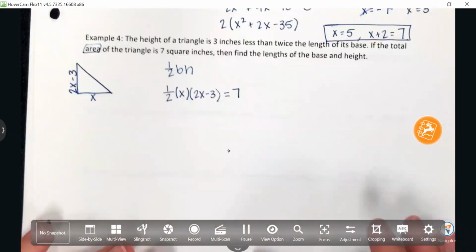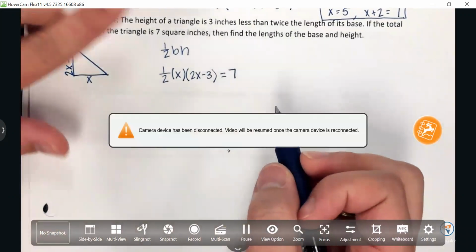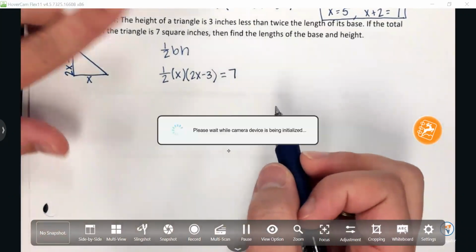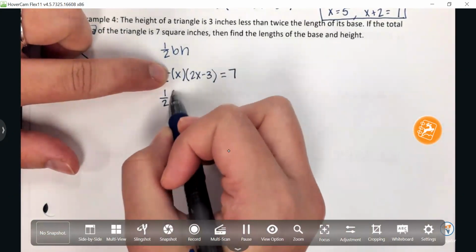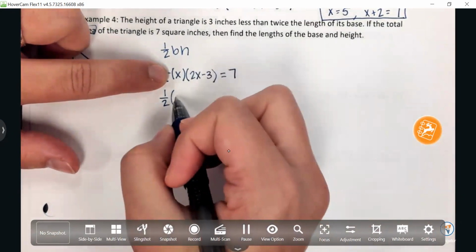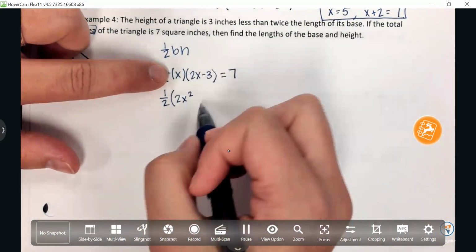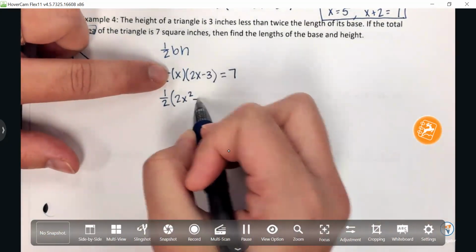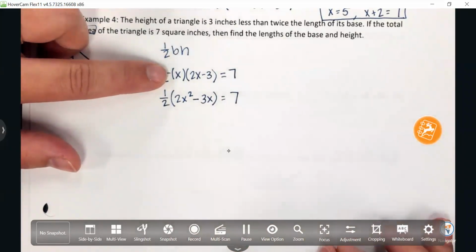So here's how I'm going to do this. I'm going to leave my 1/2 for now. I'm going to distribute. So leave your 1/2 real quick for me. And let's distribute. What is x times 2x? 2x squared. What is x times -3? -3x equals 7.